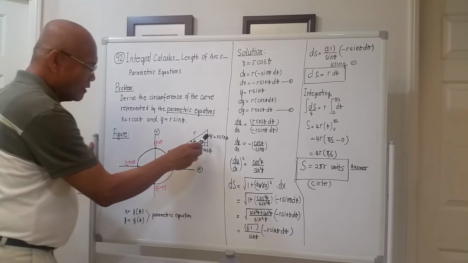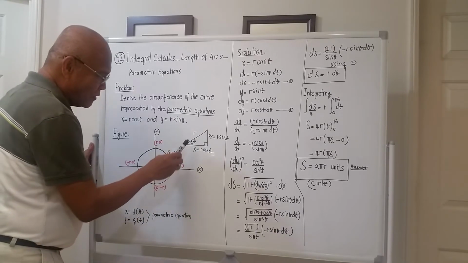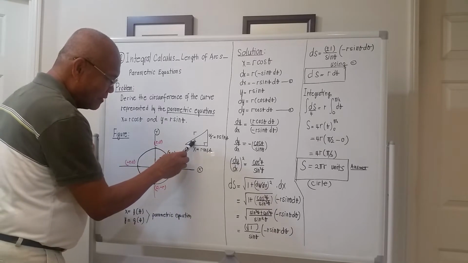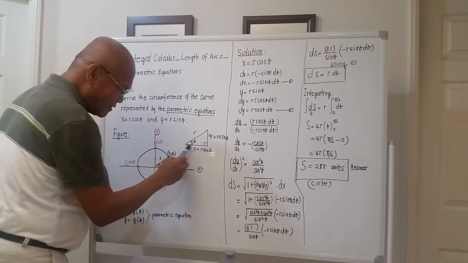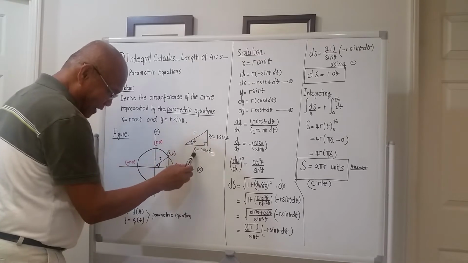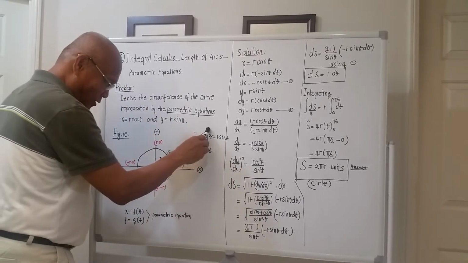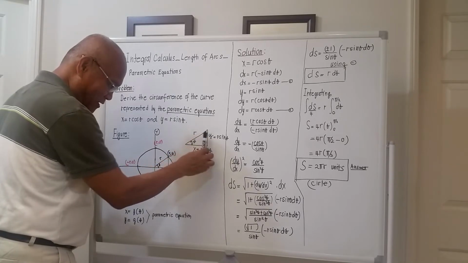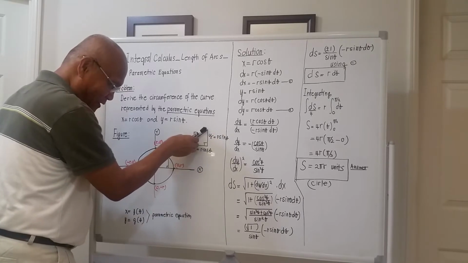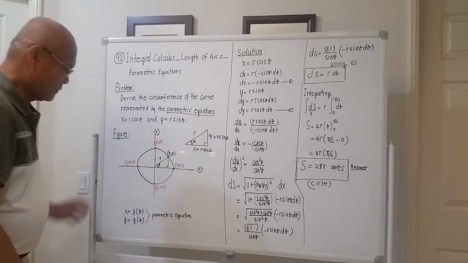Actually, the values y and x were derived from the right triangle, because if we take the cosine of this angle here, cosine of this angle will be this side here over the hypotenuse, or x will be r cosine of theta, and the sine of this angle here is this side here divided by this, or y will be simply r sine of theta.